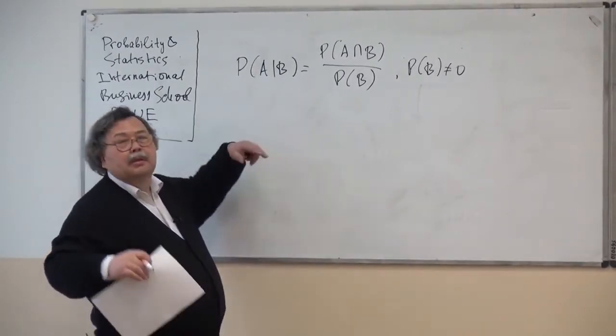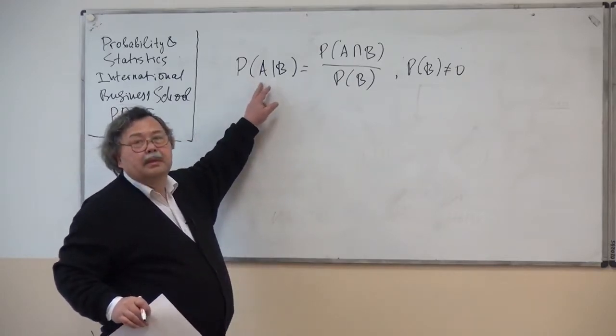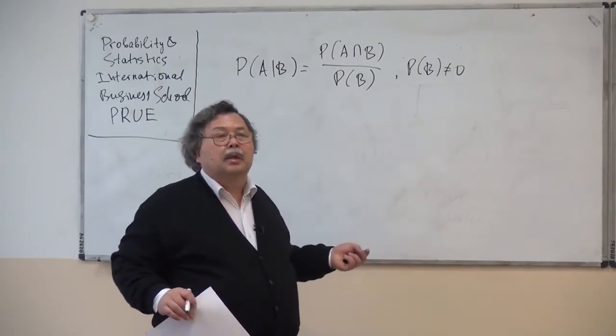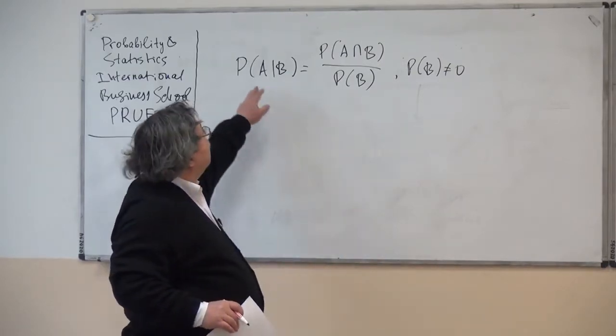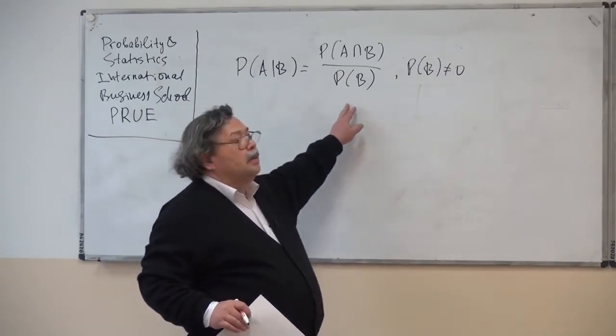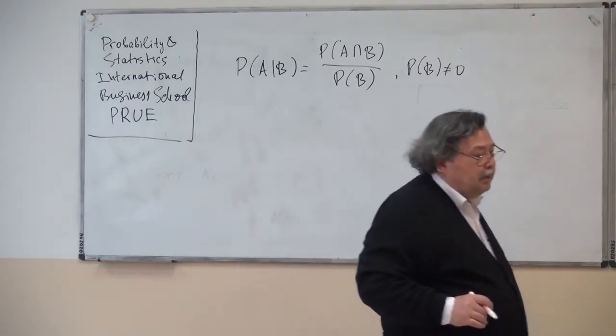Officially in full, it's read this way: the probability of event A given that event B occurs. In short, it's read P of A given B. And this is the formula used to compute the conditional probability.